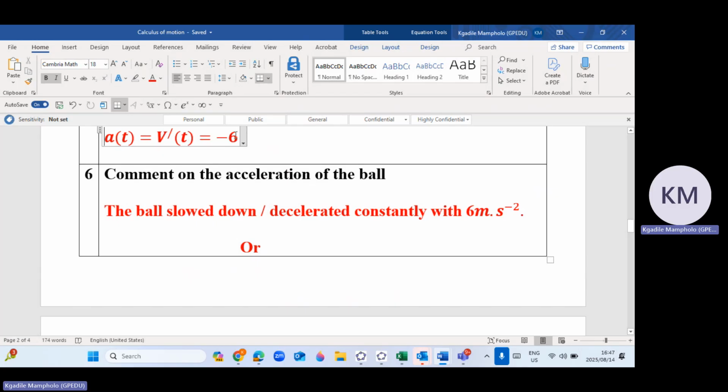But if there was t, we'll not say it's constant because it will change with time. But here, when t is 0, it will be -6. When t is 1, it will still be -6 because we don't have t where you can substitute a t. That is why I will say there's a constant acceleration.